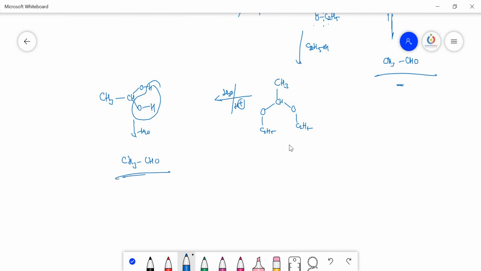Here also we got acetaldehyde. If you take methyl alcohol you get the CH3 part; if you take propyl alcohol you get the C3H7 part.